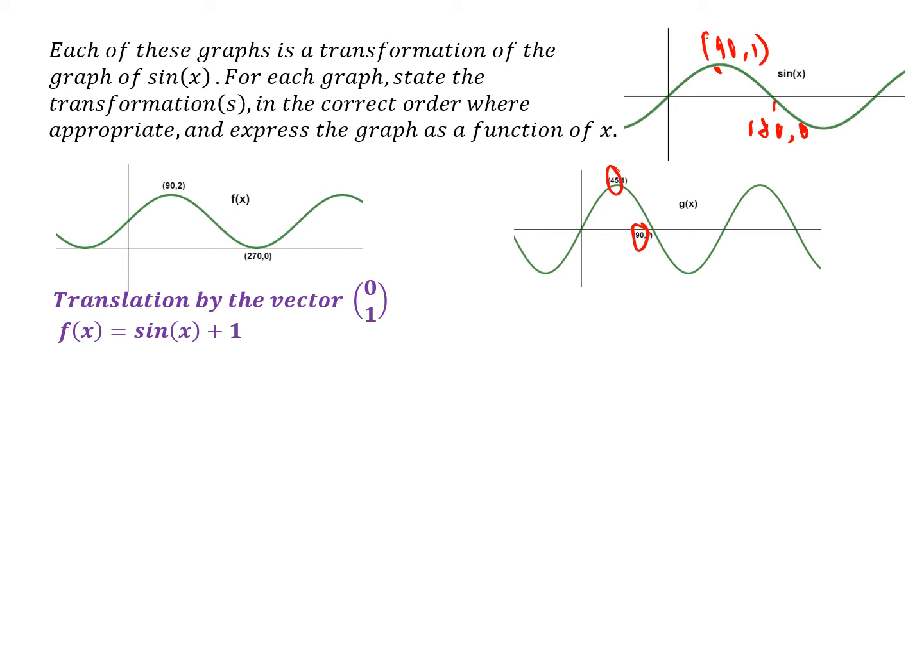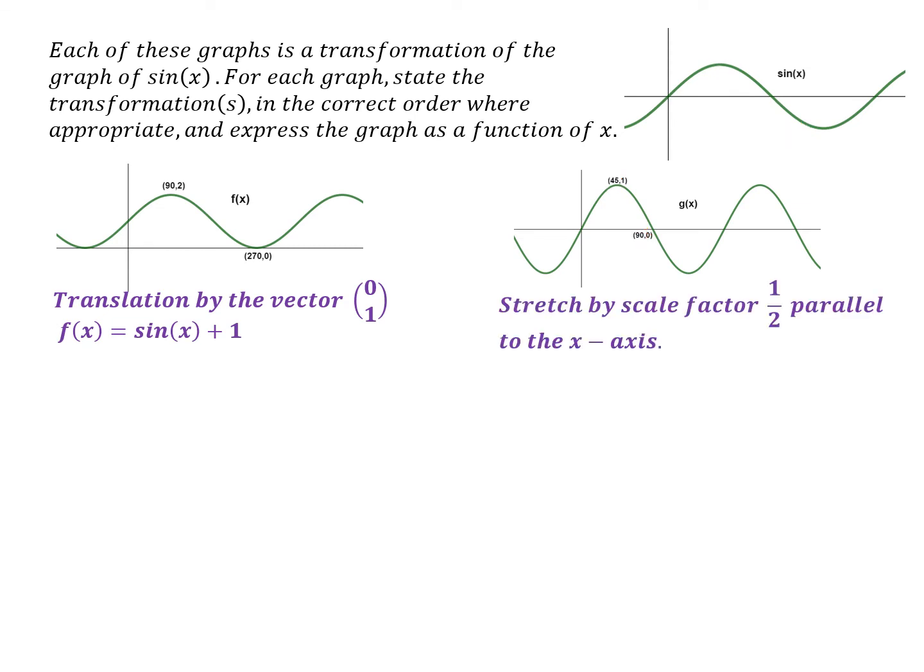So that's what the transformation is: a stretch by a scale factor of a half parallel to the x-axis. And in function notation, g of x is sine of 2x because it's inside the brackets. That's the effect of affecting the x values, and multiplying the x by 2 has the effect of stretching the graph by a scale factor of a half.